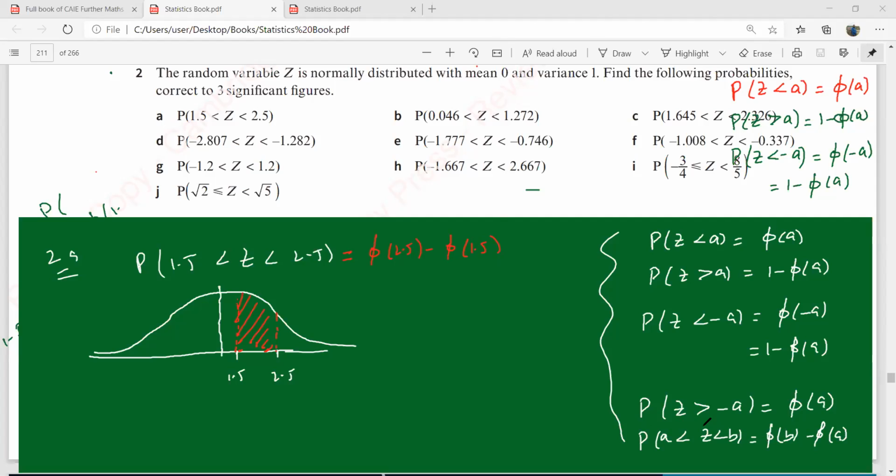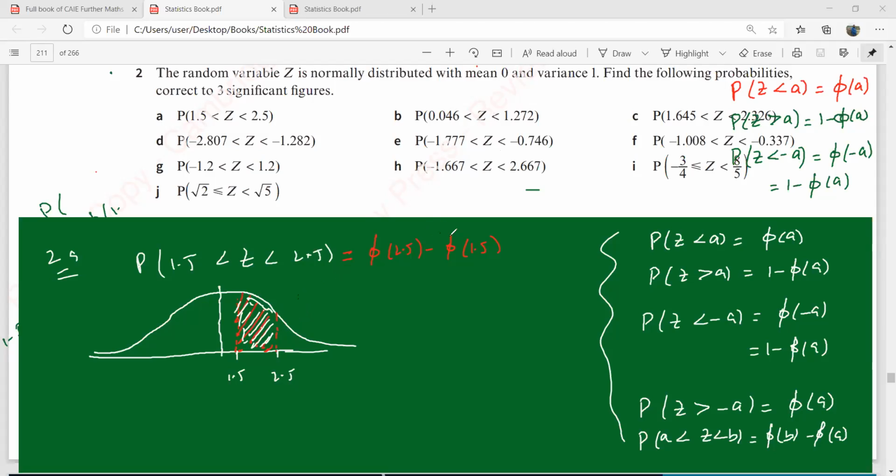That is how you will write this. Why are you so quiet, children? Are you clear how to find this between 1.5 and 2.5? Yes or no? Yes, sir.